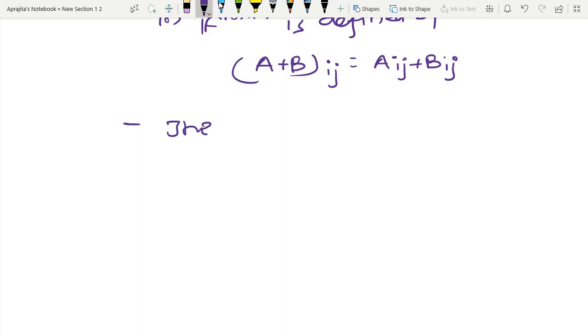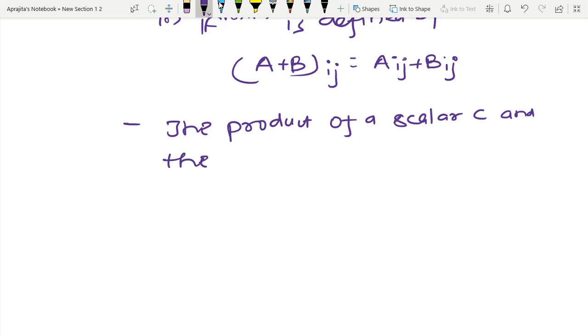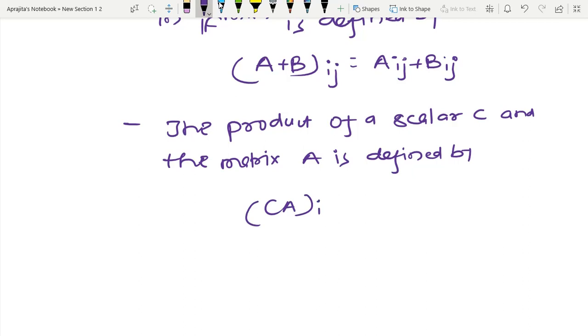The product of a scalar C and the matrix A is defined by (CA)ij, that is equal to C times aij.